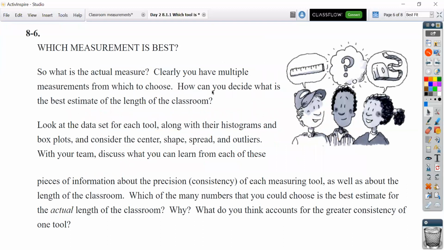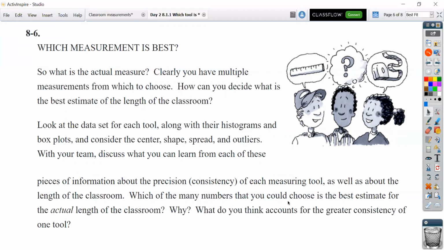Which measurement is best? So what is the actual measure? Clearly, you have multiple measurements from which to choose. How can you decide the best estimate? Look at the data set of each tool, along with the histograms, box plots. Consider the center, the shape, the spread, the outliers. With your team, discuss what you've learned from each of these pieces of information about the precision or consistency of each measuring tool, as well as about the length of the classroom.